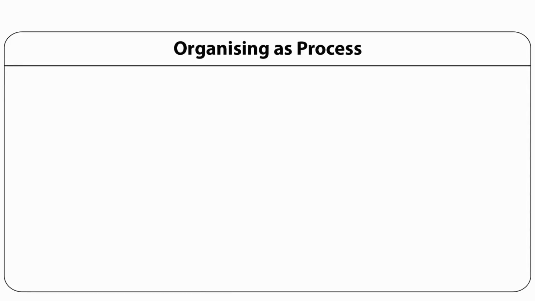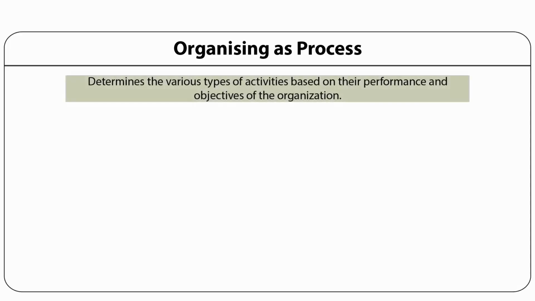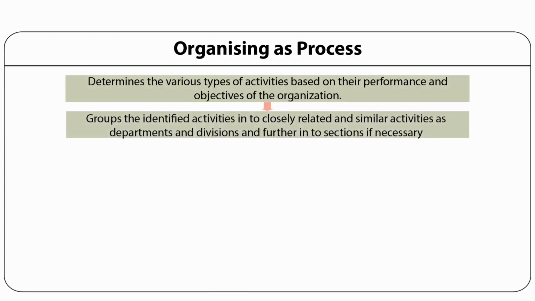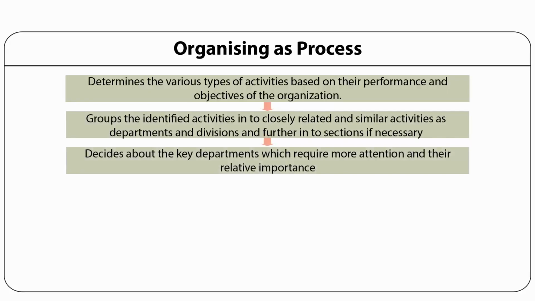Organization as process. It determines the various types of activities based on their performance and objectives of the organization. It groups the identified activities into closely related and similar activities as departments and divisions and further into sections if necessary. It decides about the key departments which require more attention and their relative importance.